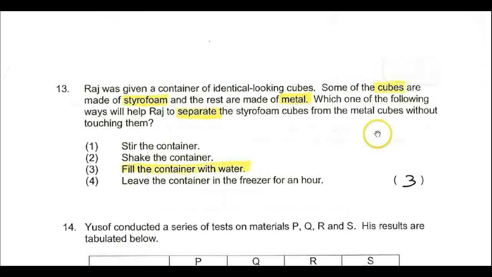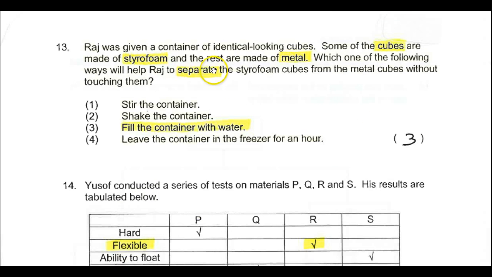Next. Now Raj was given a container of identical looking cubes. But the cubes are made of different materials. One type will be the styrofoam. As you know, styrofoam can float, they're light. And the rest are made of metal. Identical looking, about the same size, but made of different materials.